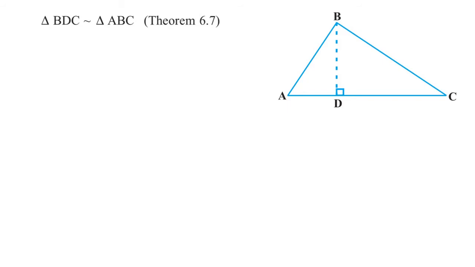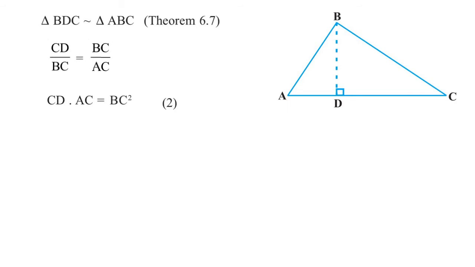So CD over BC will be equal to BC over AC. Corresponding sides will be proportional. So if we cross multiply, then CD times AC equal to BC times BC. So that's going to give us CD times AC is equal to BC squared. Let's label this as equation 2. Pretty simple so far.